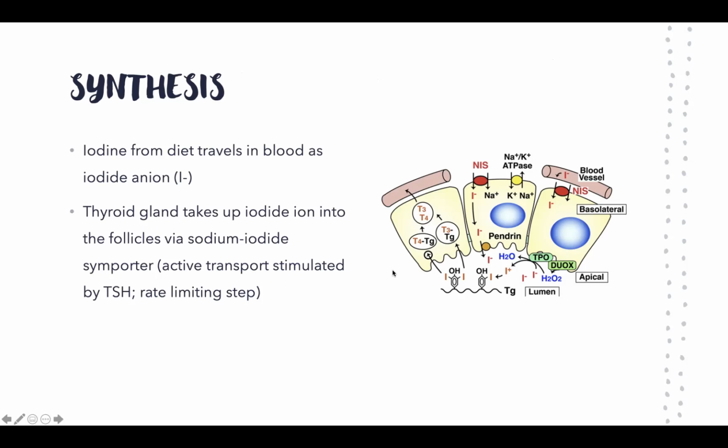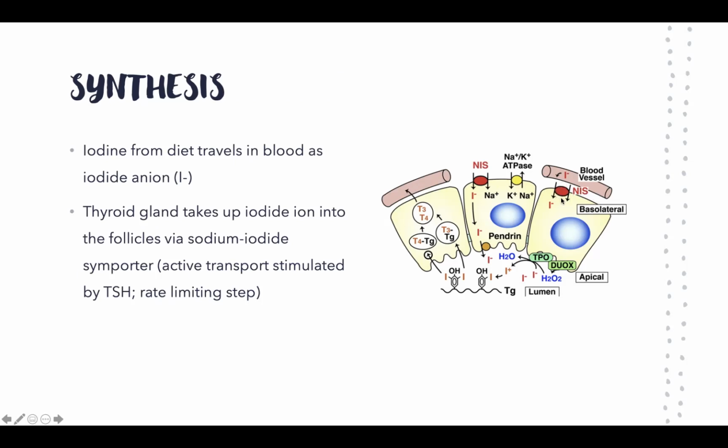So we've got our follicular cells and we've got our blood vessels. Like we talked about before, the follicular cells trap iodine from our diet that travels in the blood as iodide anion. They take this up into the cell through the sodium iodide symporter.